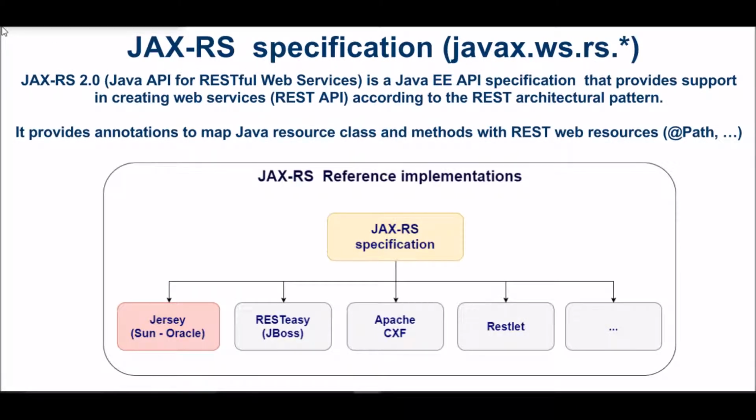In a Java project, we can use the JAX-RS specification to create RESTful web services. This is a Java EE specification that provides some annotations to create the RESTful API. This is only a specification, so to be used it needs an implementation, a software installed in the project that can be one of these: JRC, that is of Oracle, or RESTEasy of JBoss, Apache CXF, RESTlet, and others.